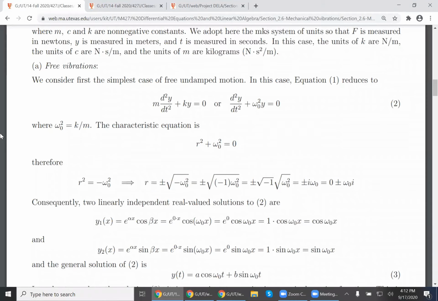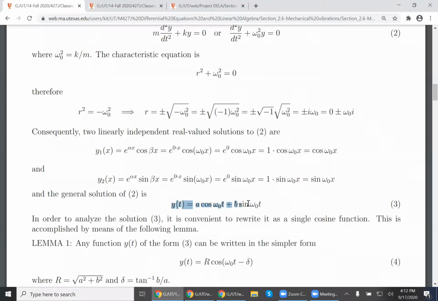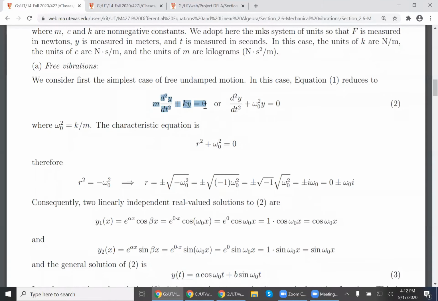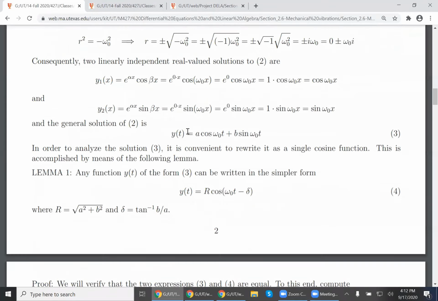All right. Here is what we do next. This is the general solution of our equation. Question is, how to analyze this solution? For example, how to sketch the graph. In order to analyze this solution, let us rewrite the right-hand side in a convenient way.